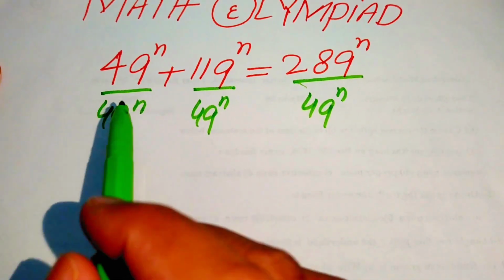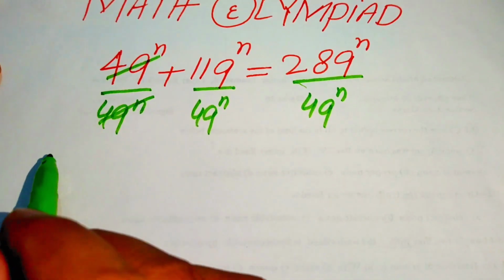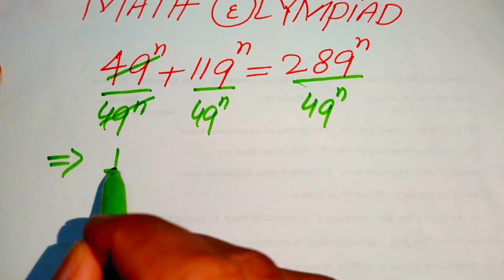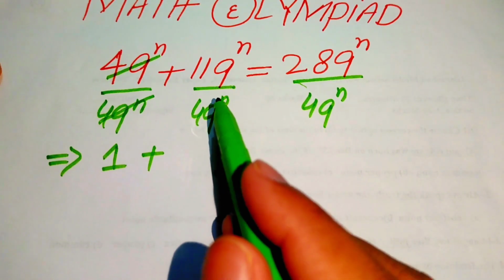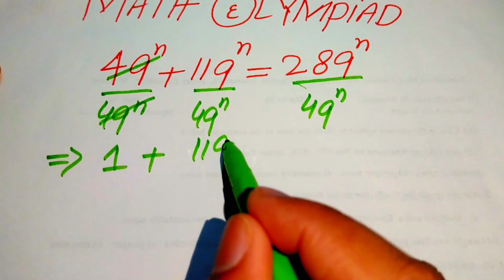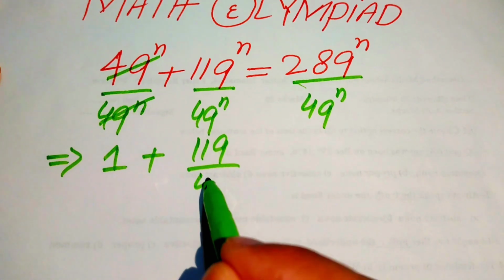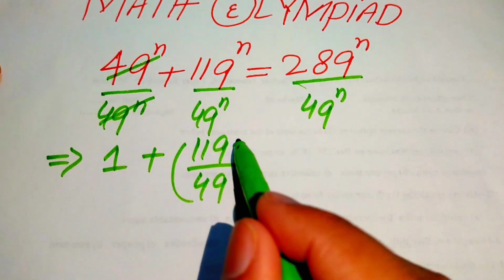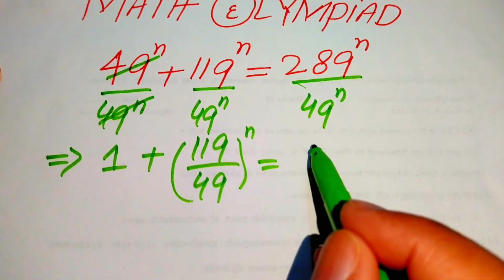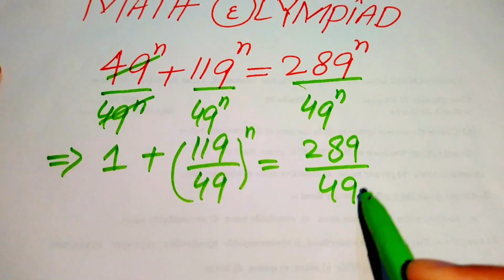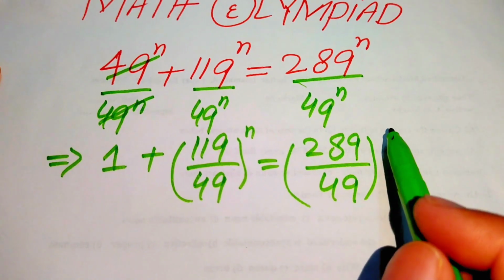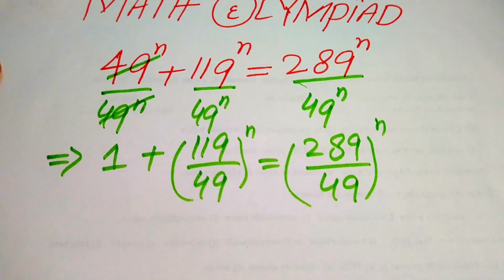In the next step, you see these terms are cancelled by each other, and we get 1 plus, here we combine the exponent of both of these terms and write it as 119 over 49 to the power of n equals 289 divided by 49 to the power of n.